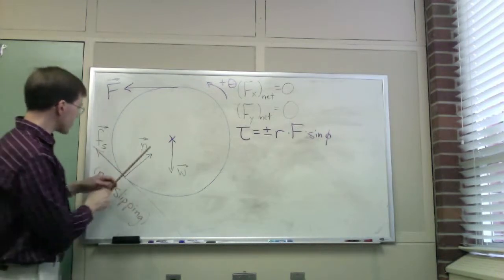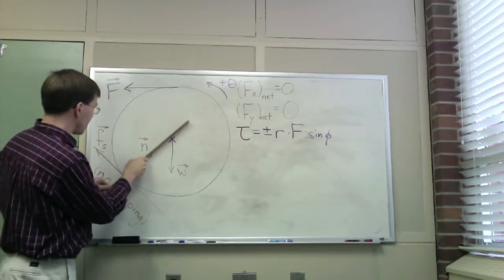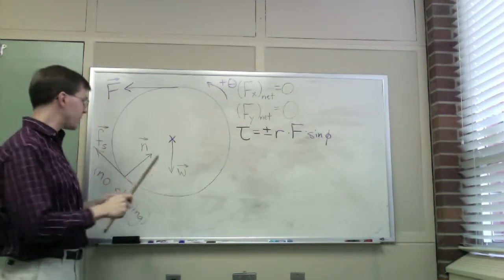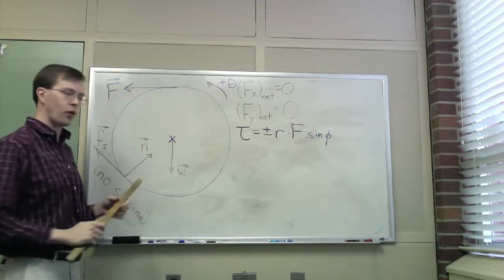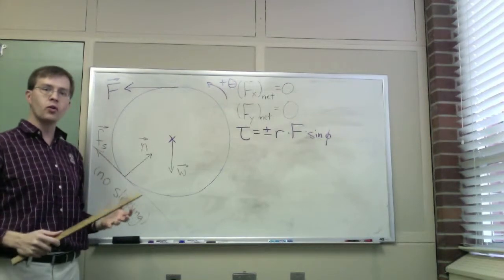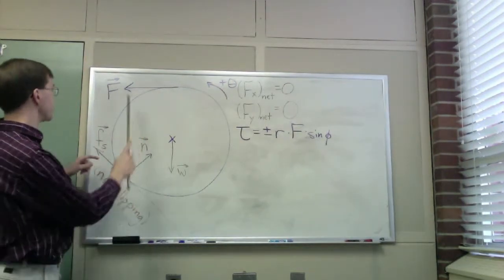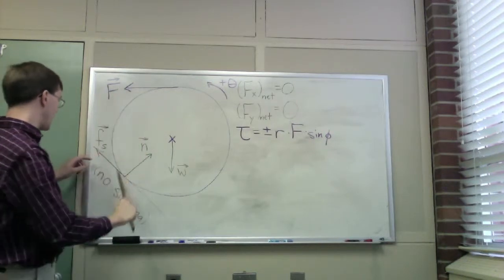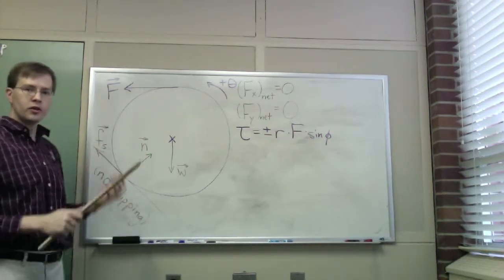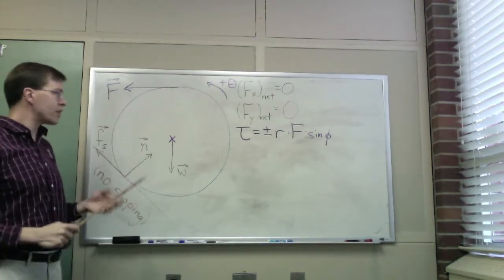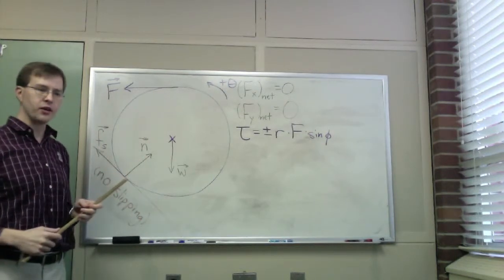But the normal force, you'll notice its line of action passes right through that pivot point. So here both the normal force and the weight force would give me no torque. And the problem would reduce to a competition between the pulling force up here and the frictional force down here, balancing those out. So that's one choice, to put my pivot point at the center.